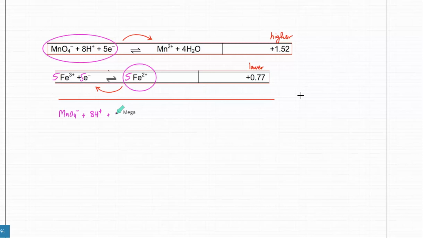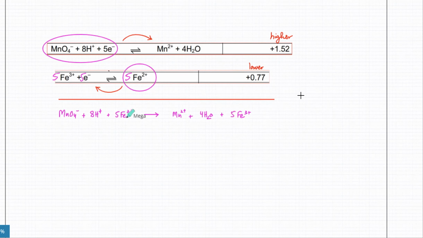So 5 Fe2 plus, and then on the other side I'll have my products, which are Mn2 plus, 4H2O, plus 5 Fe3 plus.